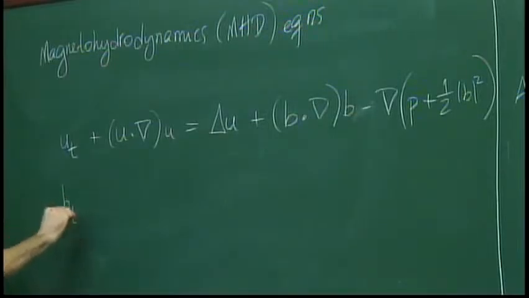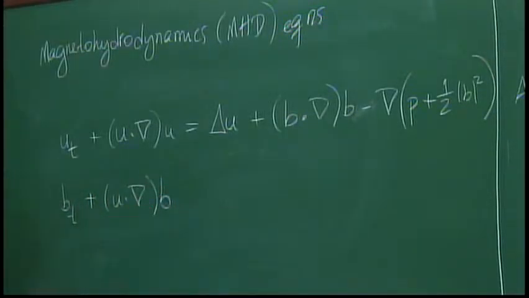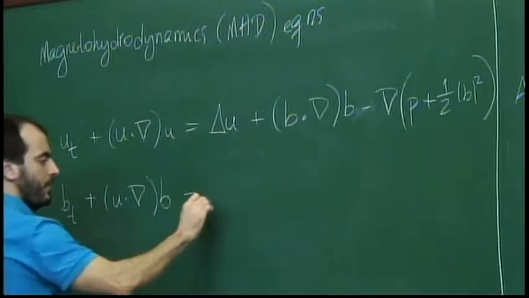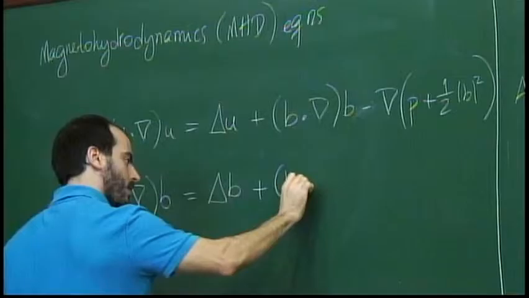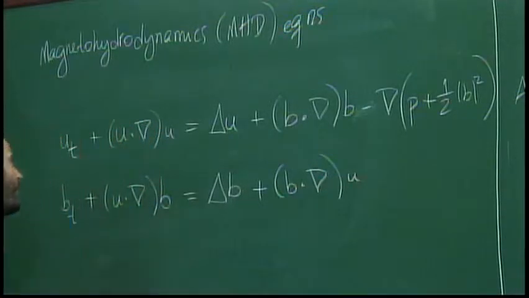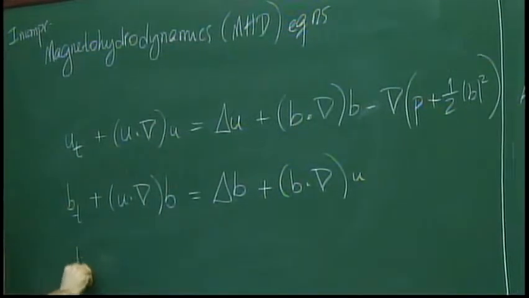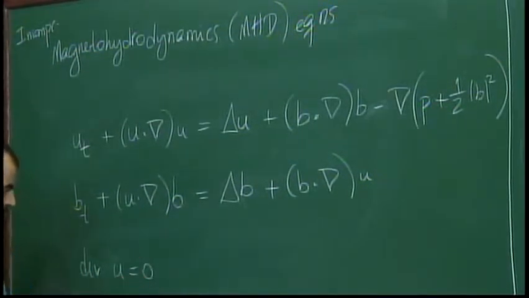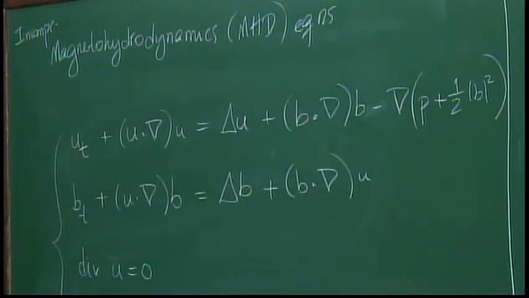And then the evolution equation for B is given in a similar fashion: B_t equals Laplacian of B plus further terms. Here we also consider incompressible equations, so the divergence of U is always 0, which models incompressibility.